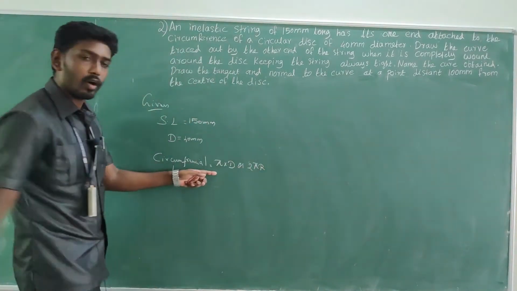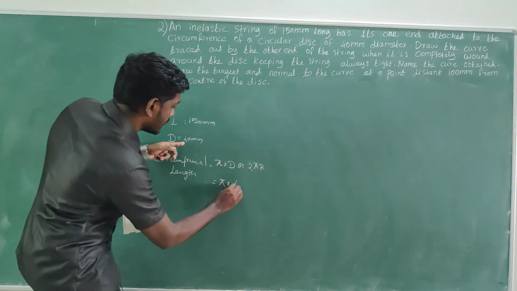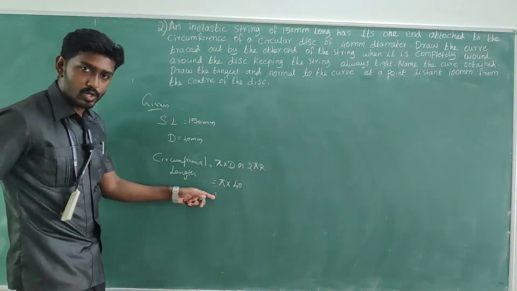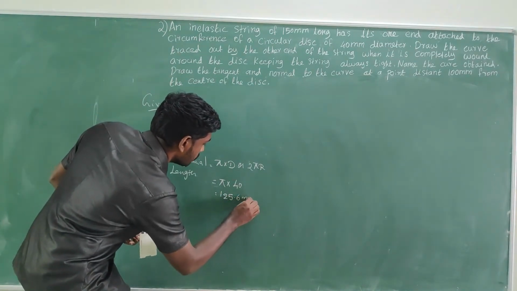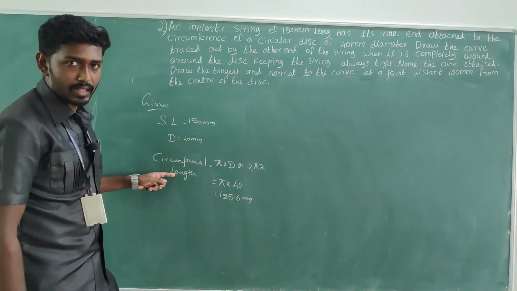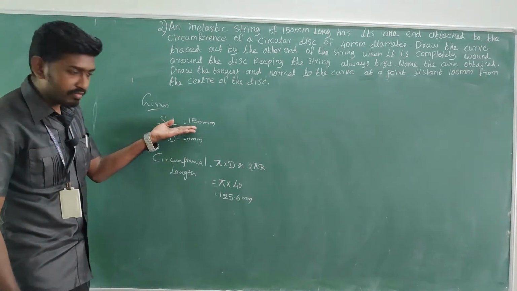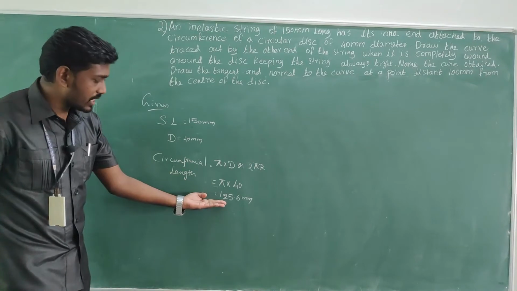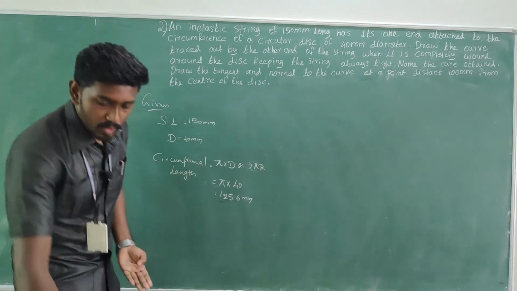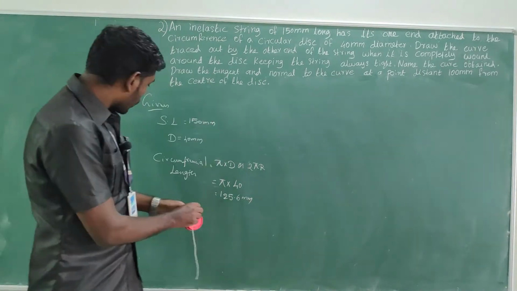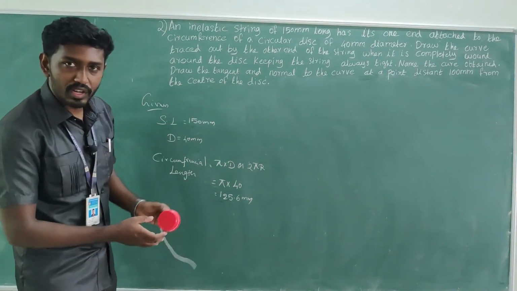Pi into d, where d is 40 mm, gives 125.6 mm as the circumferential length. Compare with the string length: the string length is 150 mm, but our circumferential length is 125.6 mm. So for one complete turn, the circumferential length is 125.6.